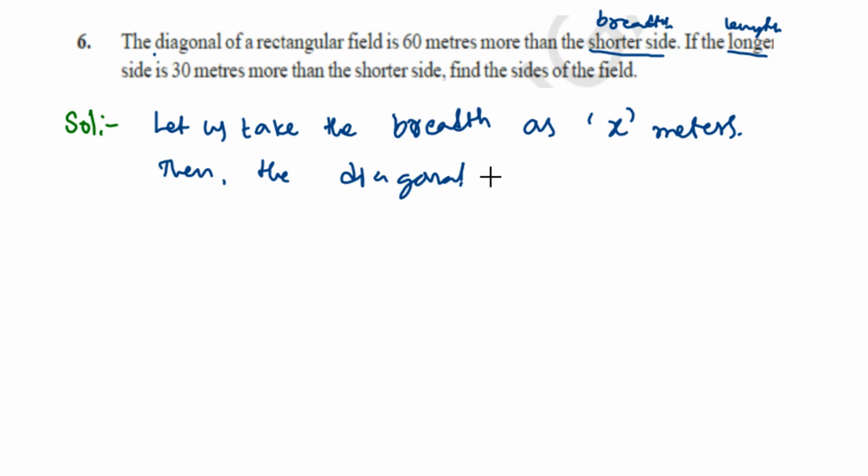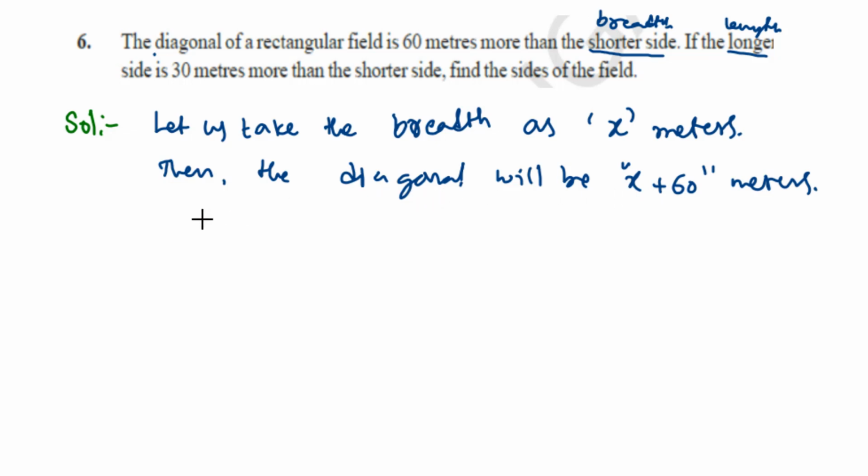So then the diagonal will be x plus 60 meters. So why is it x plus 60 meters? Since the diagonal is 60 meters more than the length of the breadth. So that's why we have to add 60 to the breadth, so that we get the value of diagonal.